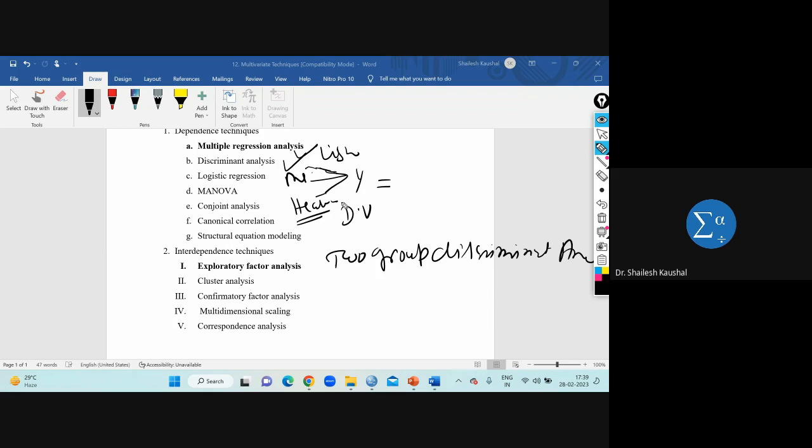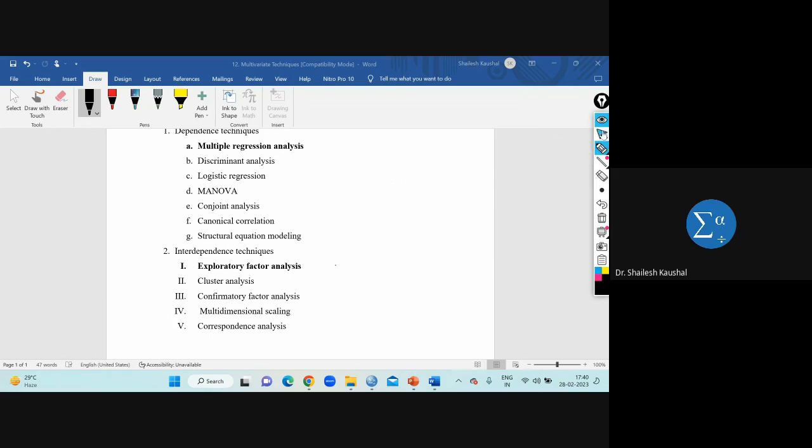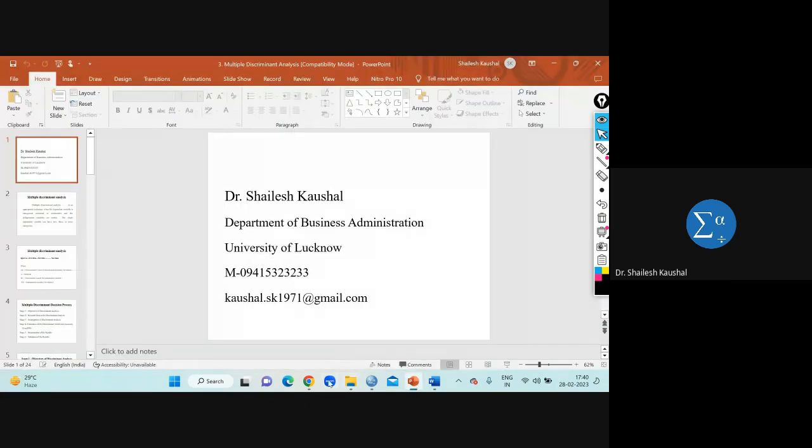When we divide the outcome variable into three categories, this is known as three group discriminant analysis. If the outcome variable has 4, then generally we use 2 or 3 categories. Okay. So this is the concept of discriminant analysis. Now you can see the PPT.